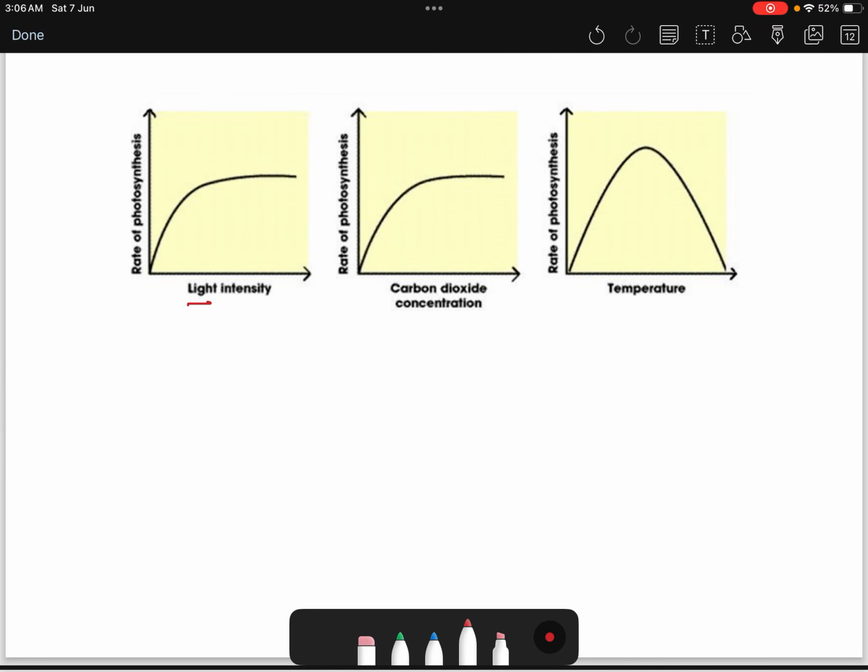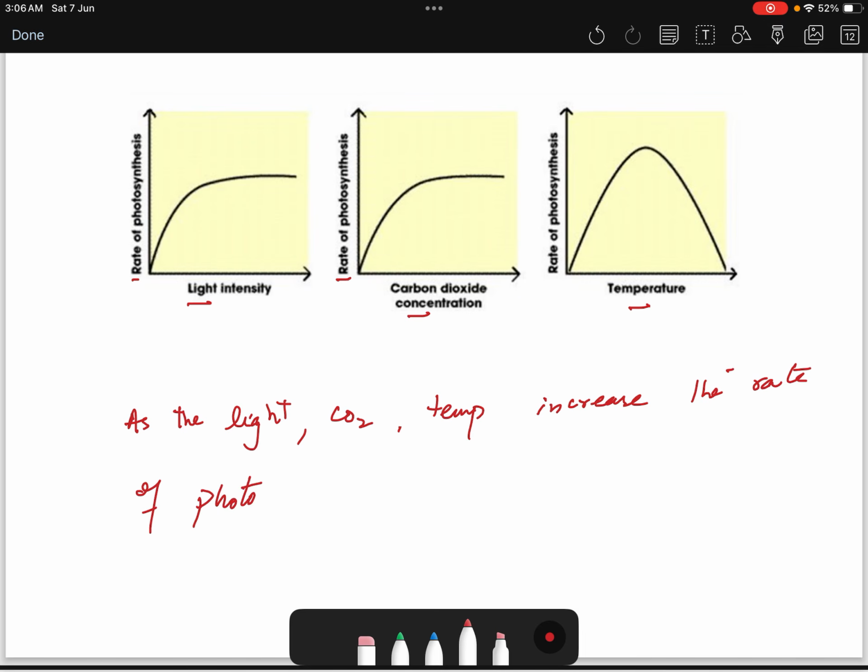Look, this is the light effect on the rate of photosynthesis, carbon dioxide effect on the rate of photosynthesis, and temperature on the rate of photosynthesis. In all of them, what's easy to understand is that as the light or CO2 or temperature increases, the rate of photosynthesis increases, but up to a certain level.